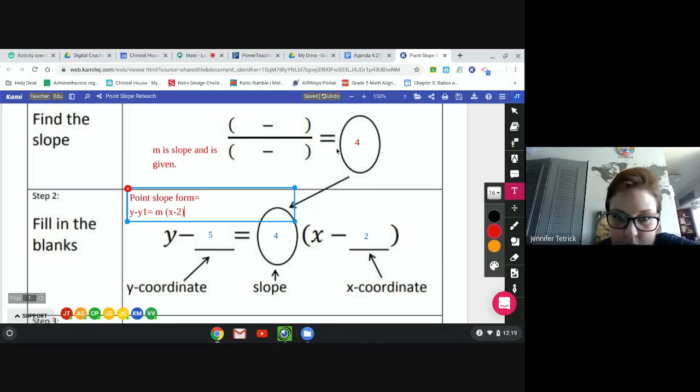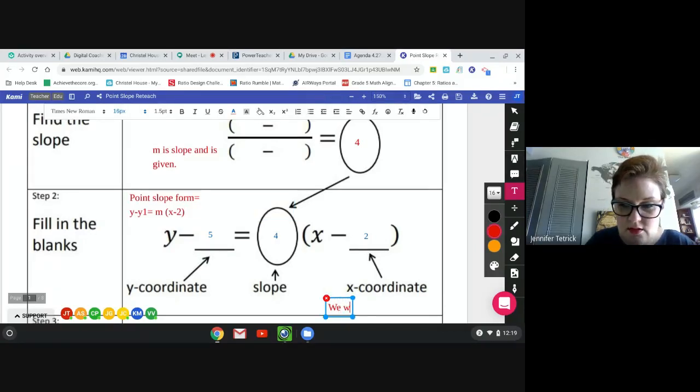Point slope form is basically when we have information that we need to put back into some sort of organization so that, at the very end of the day, we get to slope intercept.